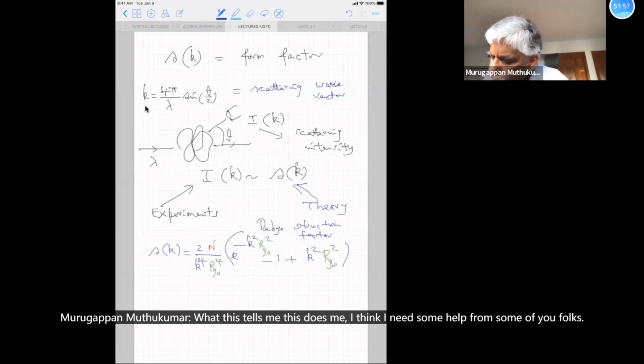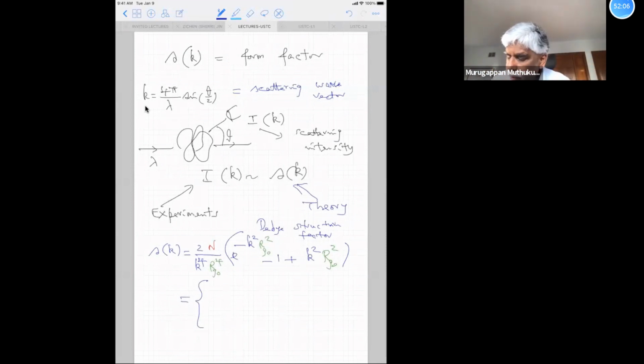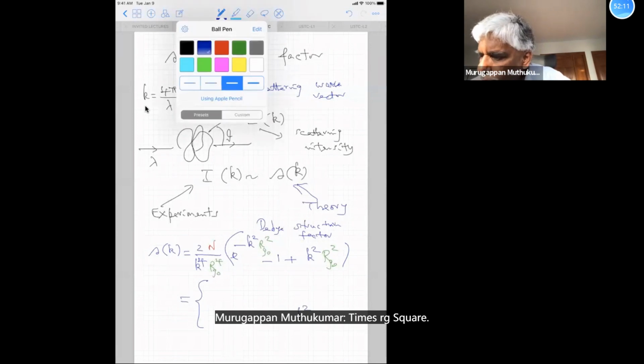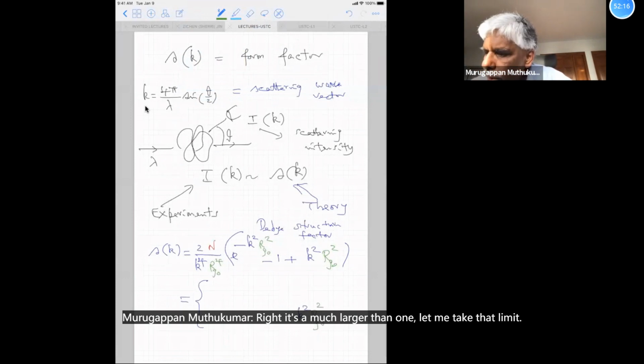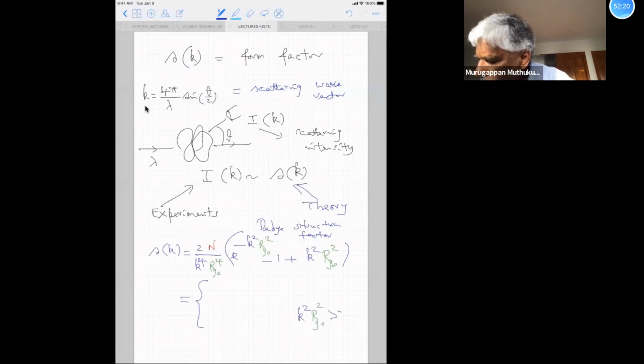I think I need some help from some of you folks. Let me take K times RG very large, so K square times RG square is much larger than 1. Let me take that limit.